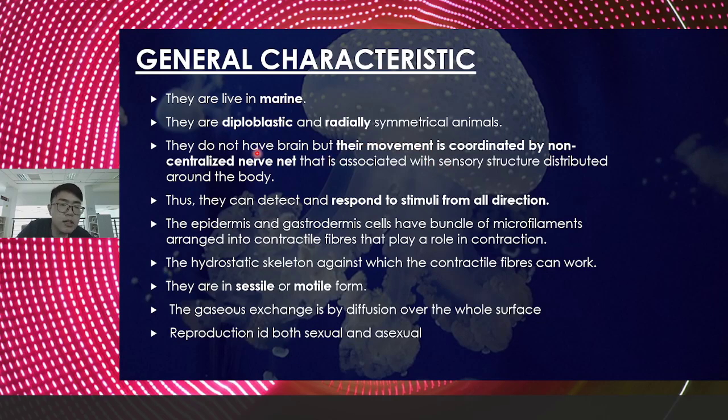But for the phylum Cnidaria animals, they do not have a brain, but they have the non-centralized nerve net that is associated with sensory structures distributed around the body. So around the body, they have the non-centralized nerve net to control the movement. That is why, although they do not have a brain, they still can move anywhere.